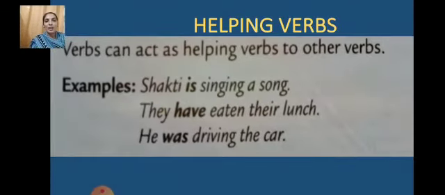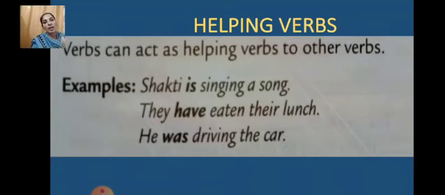Next you have helping verbs. Now how can these verbs is, am, are, was, were, has, have, had be used as helping verbs? It depends upon the usage in the sentences, how the verbs are used.